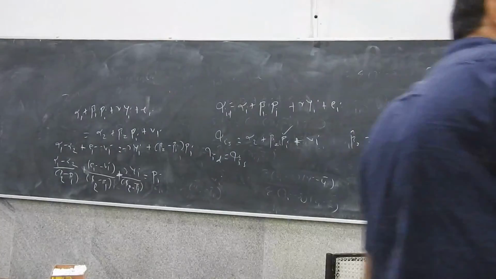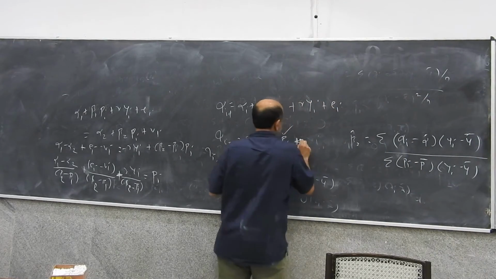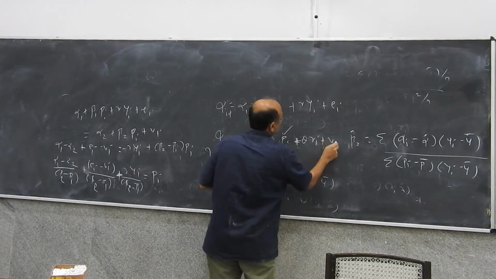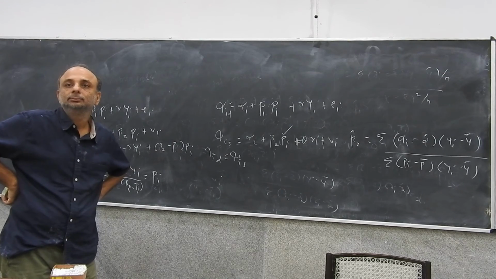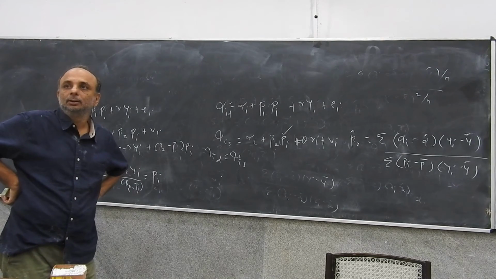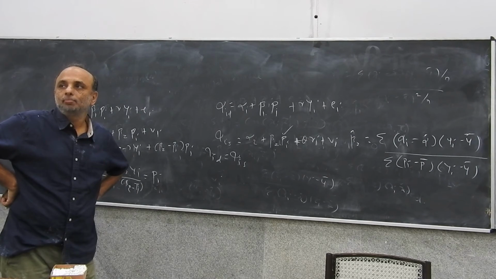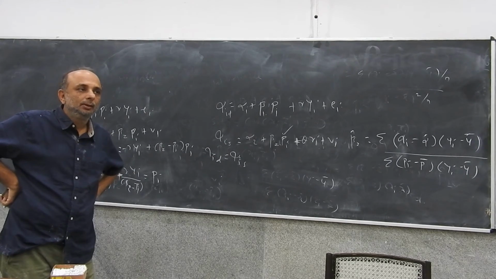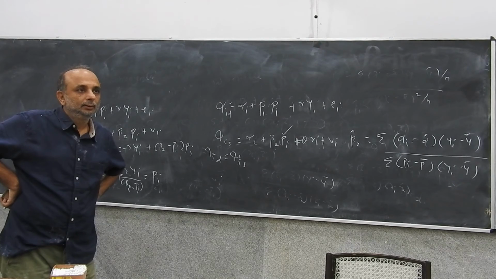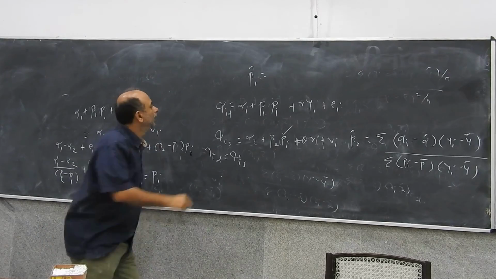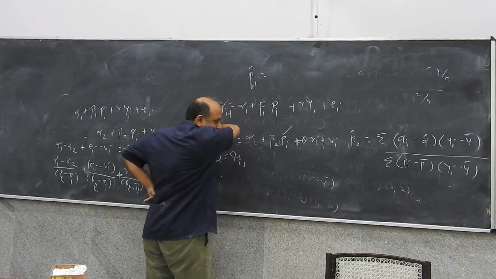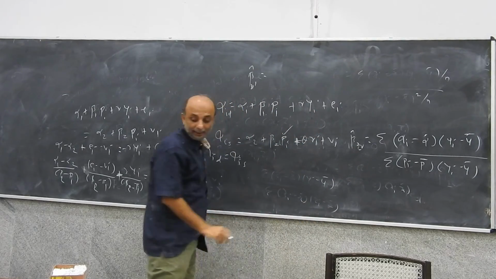So now let me test your understanding. If I put a theta Ri plus Vi here, so how will I get an estimator, beta 2 IV?